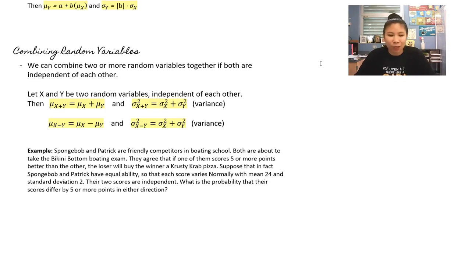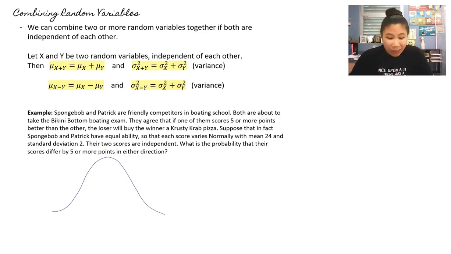Ooh, okay, so a lot of words here. First, I am a very visual person, so right when I saw "varies normally," that made me think normal curve. Now that I have a normal curve, I need to label the mean and the standard deviation. Here I have two different scores: SpongeBob's score and Patrick's score.